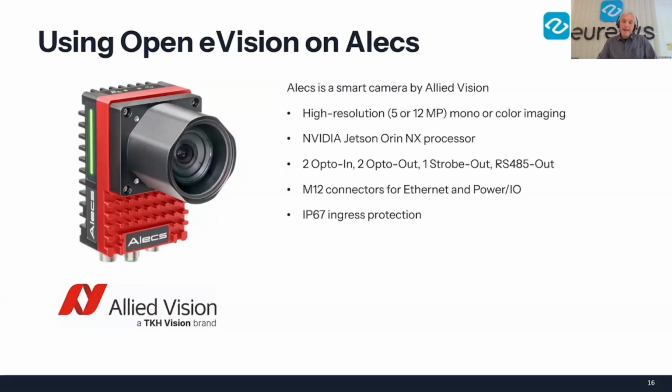And that smart camera includes the latest Jetson module from NVIDIA, the Orin NX processor, which gives you a fairly good amount of power for image processing. There is a full range of digital IOs, so input, output, lighting control, serial communication, and everything in an industrial housing, IP67, and industrial connector.